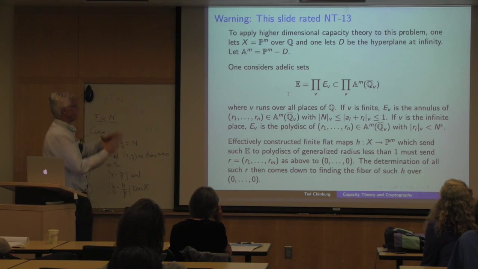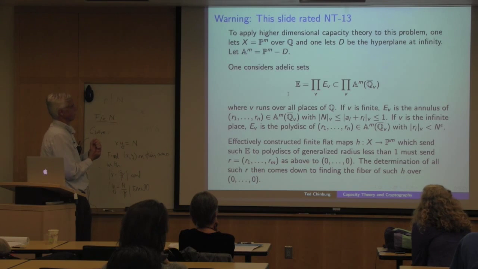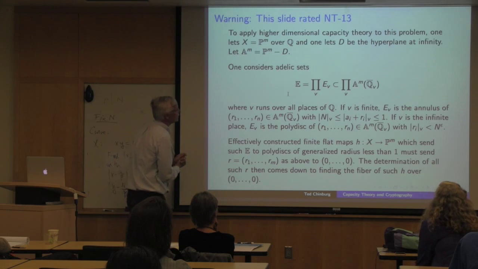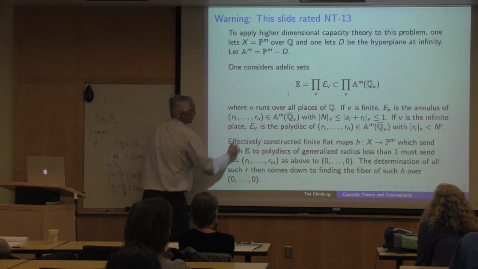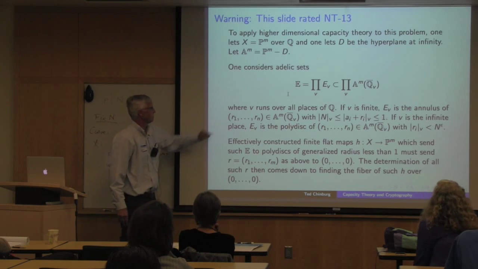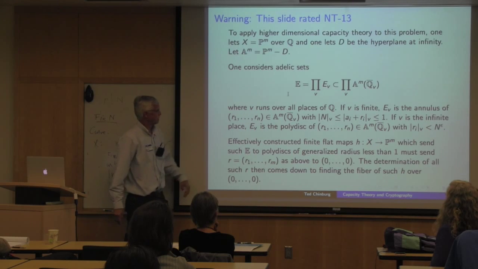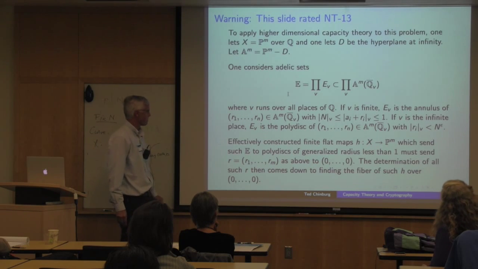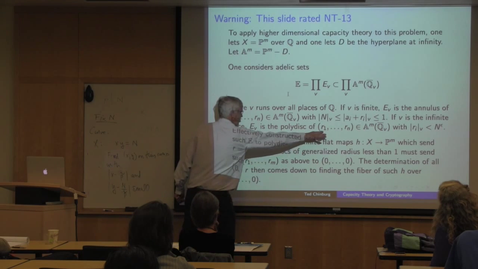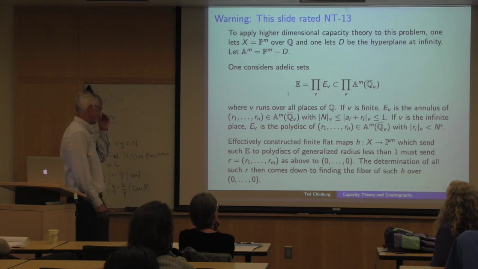And now the natural generalization of what we did before, which is really the case of just having one divisor, was to take a subset of the affine space for each place v that consists of a little annulus around the point a_1 through a_n of bounded size. And at infinity, you just look for r's that are bounded by n to the epsilon, and that's the value at every place.